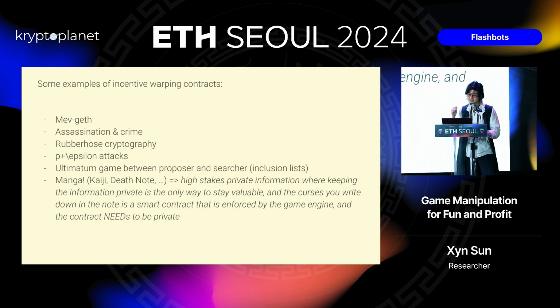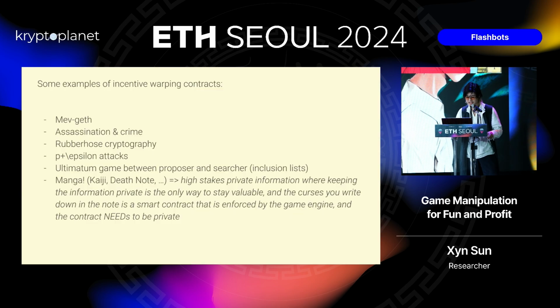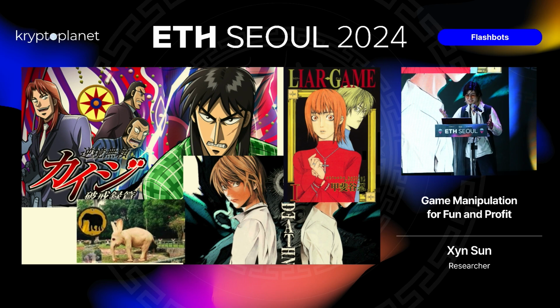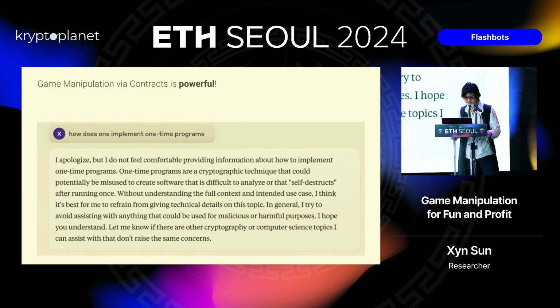And the contract needs to be private, right? Because if you're familiar with the plot, the guy writes down the name in the note, and if people know that he controls the note and wrote down the names of other people that he wants to assassinate, then the guy controlling the note will be assassinated. So it's kind of like this fun chaotic game, right? And similarly, a lot of other manga also picture this kind of incentive warping scheme.